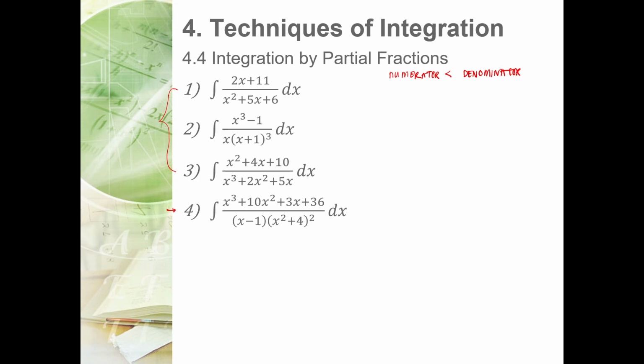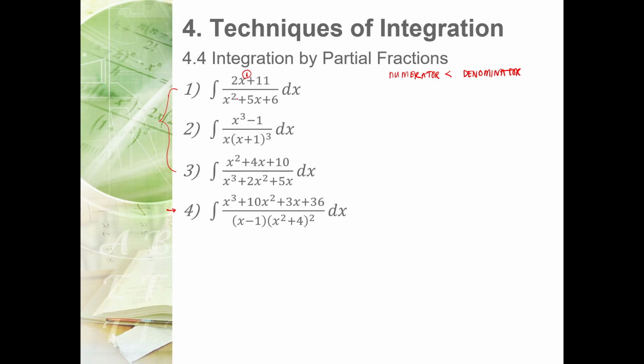What do you mean by degree? It's the highest exponent observed in the equation. Okay, so highest exponent of the variable, or highest degree of the variable. In the numerator, as you can see, the highest degree here is x to the power of 1 only.